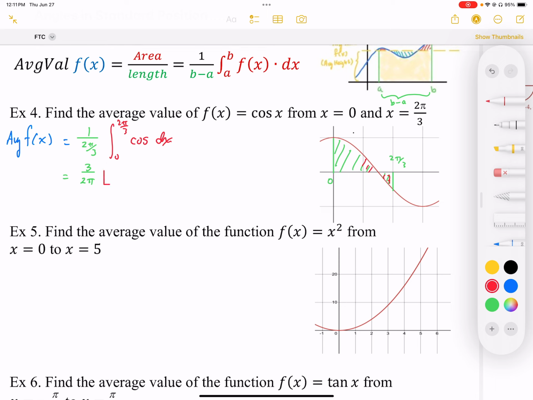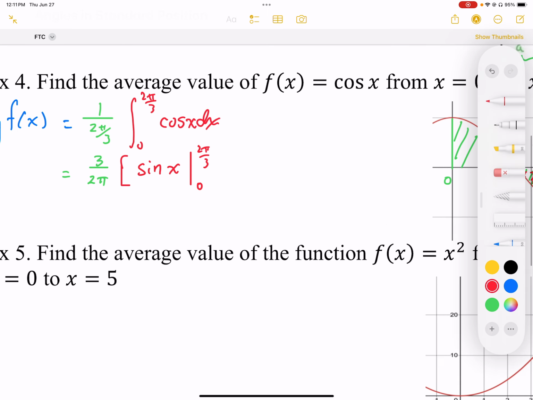The actual area is going to work out to be sine of x, and we use the bounds from 0 to 2 pi over 3. So that's what my area is going to look like.